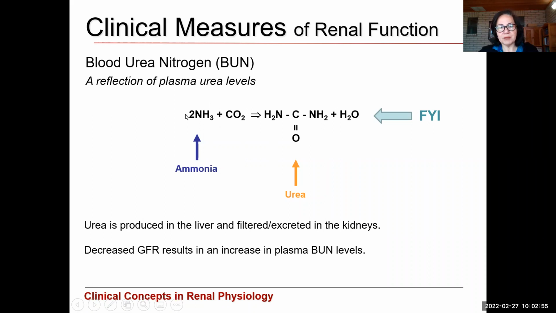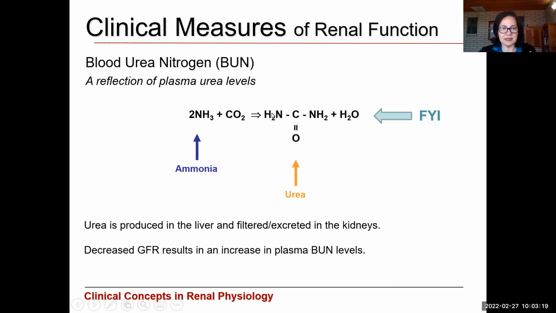And so a couple of ammonias get bound to a carbon dioxide to make this molecule called urea. Urea is still a waste product. It's just not as damaging as ammonia is. And again, I don't expect you to know the chemical formula for this, but for some students, it's helpful to see it.